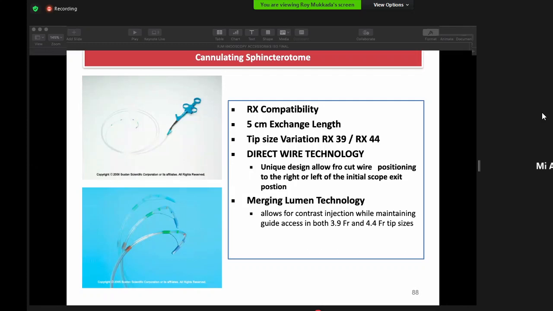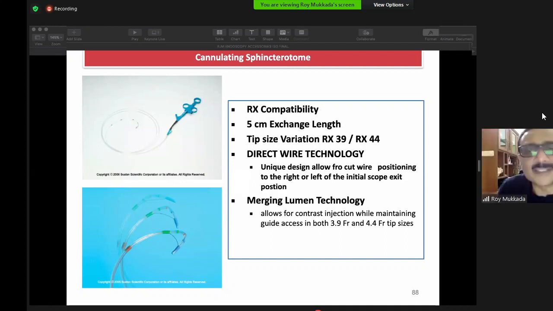Smaller, sir, I am not sure. I think we use the same thing. Dr. Roy, do you think we use separate things for biliary and pancreatic? Mostly the same thing is used. If you're doing pancreatic sphincterotomy, you pass the wire into the pancreatic duct and cut it. If you're doing biliary, you pass the wire into the bile duct and cut it.